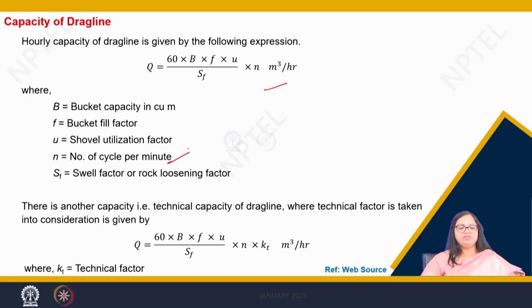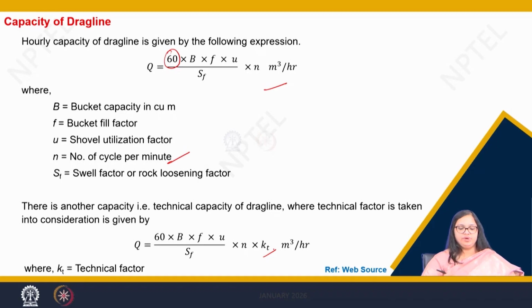Now, when we have the number of cycles per minute, in order to convert it into hours, we have to multiply the term 60 in the numerator to convert the capacity on hourly basis, that is meter cube per hour. Now, as we have solved for shovel, there is a technical factor which affects the capacity of a drag line.